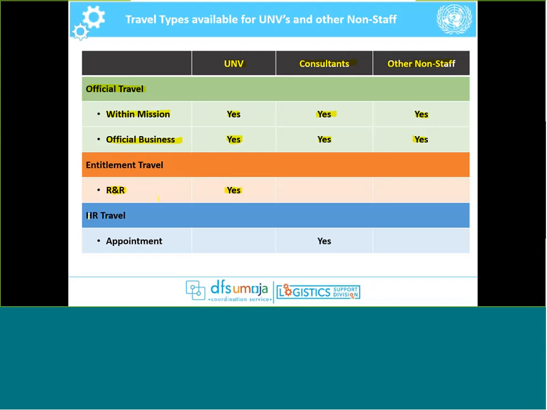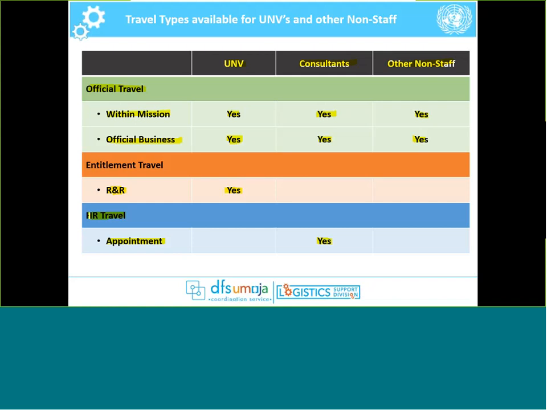And the same thing for HR travel. The appointment travel in this case is only applying to consultants. So the appointment travel request for UNVs, you will not be doing that, because all the trips for the onboarding of the UNVs are managed, if I'm not mistaken, from UNVNS, the ones taking care of the onboarding for the UNVs.